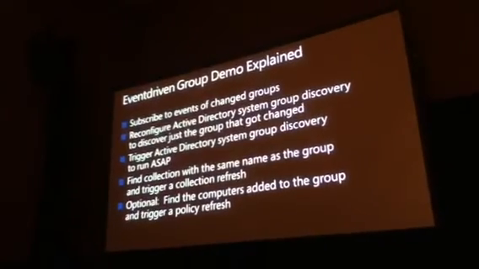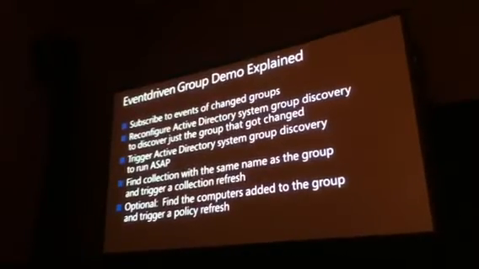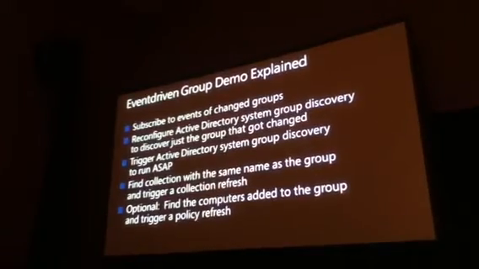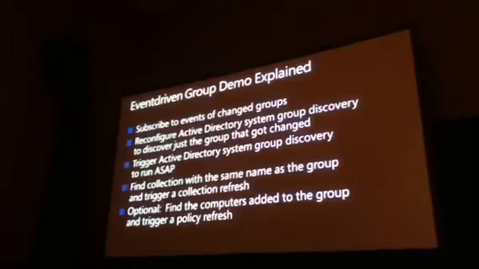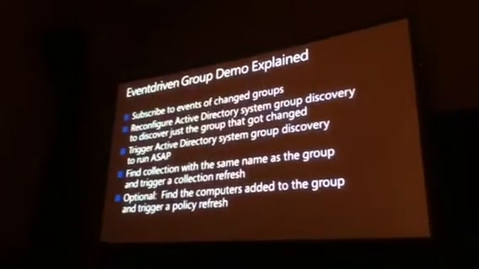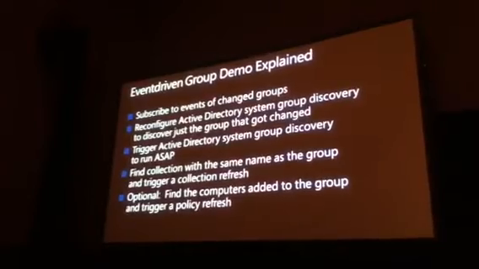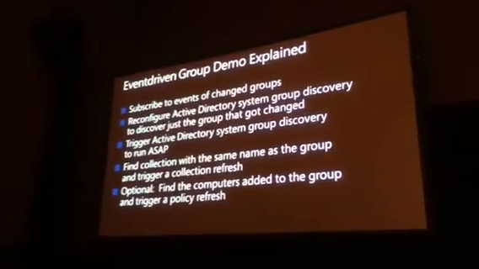You might want to populate your collections as fast as possible and not have to wait for the normal Active Directory discovery to run, or for the normal collection update evaluation to run. If you're going to add multiple machines at the same point in time, and not just a couple of dozen but a couple of hundred, you might stay away from triggering the machine policy refresh. But everything else doesn't have much impact so far.